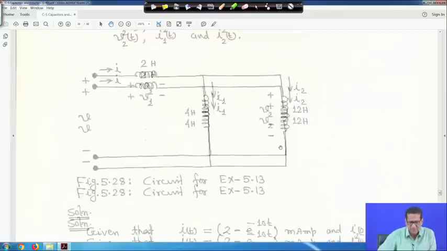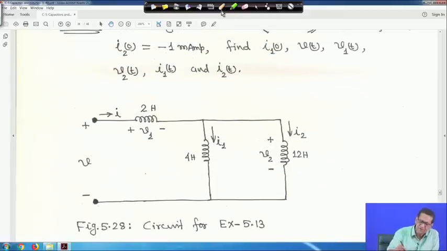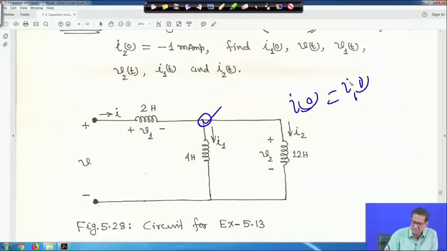Therefore, if you apply your KCL at this node, for the initial condition you can write that I(0) is equal to I1(0) plus I2(0).